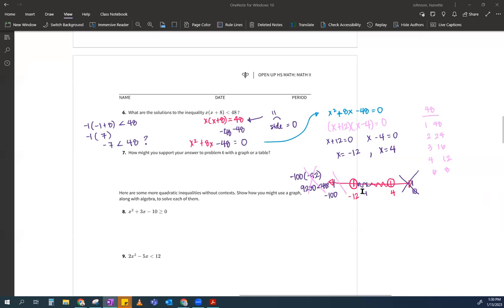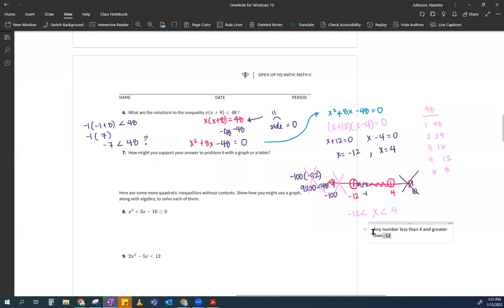So any number between -12 and 4 is a solution to this guy here. So the way we write this is we go -12, we go 4, we put X in the middle, and we do these symbols here. So in normal people language, I'm going to type this out. Any number less than 4 and greater than -12.